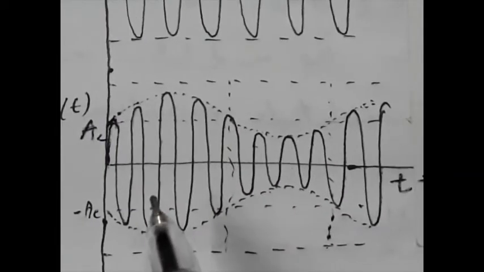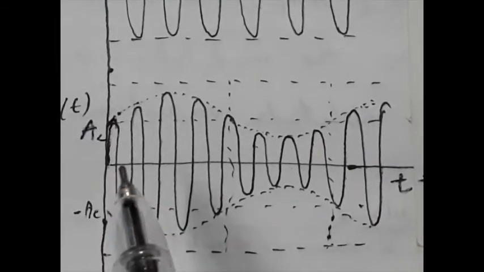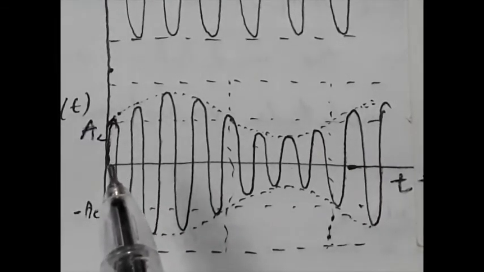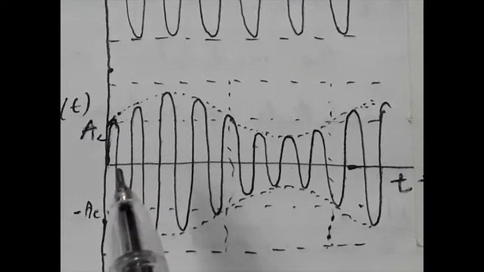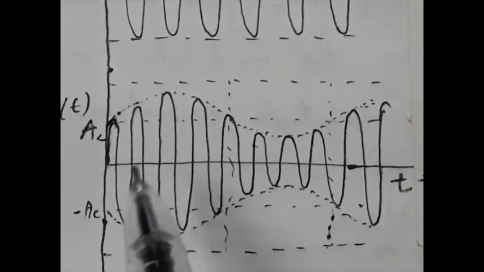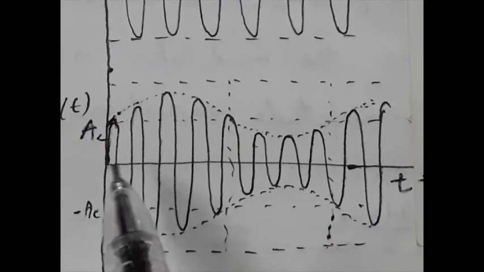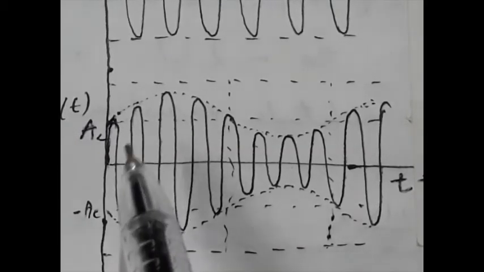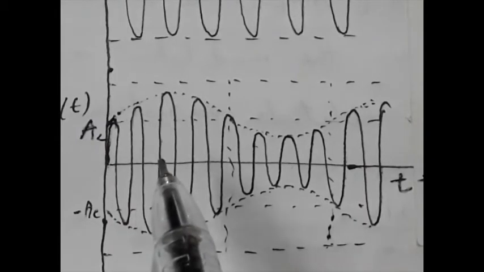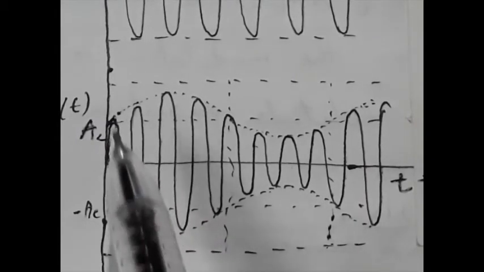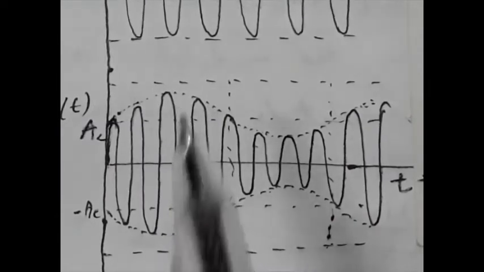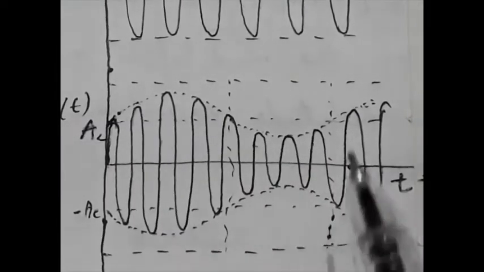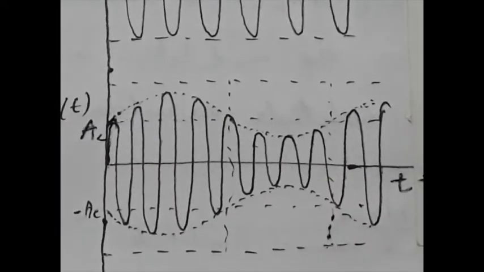So this is the picture of the amplitude modulated signal. Don't go by my drawing because it is hand drawing, but the frequency must remain constant, while the amplitude varies depending on the baseband. This is the amplitude modulated signal.